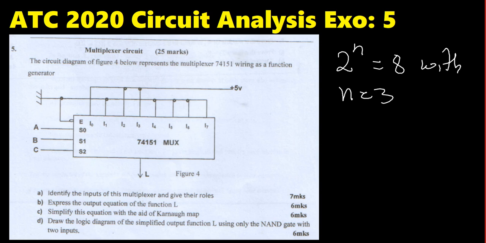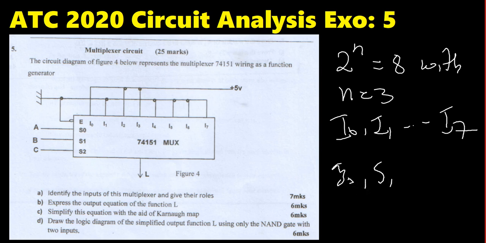So here we have 8 inputs, from I0, I1 to I7, for data, and S0, S1, S2 for address selection, and only 1 output, which is shown by the letter L. That was the role of the inputs. That is all about question A.